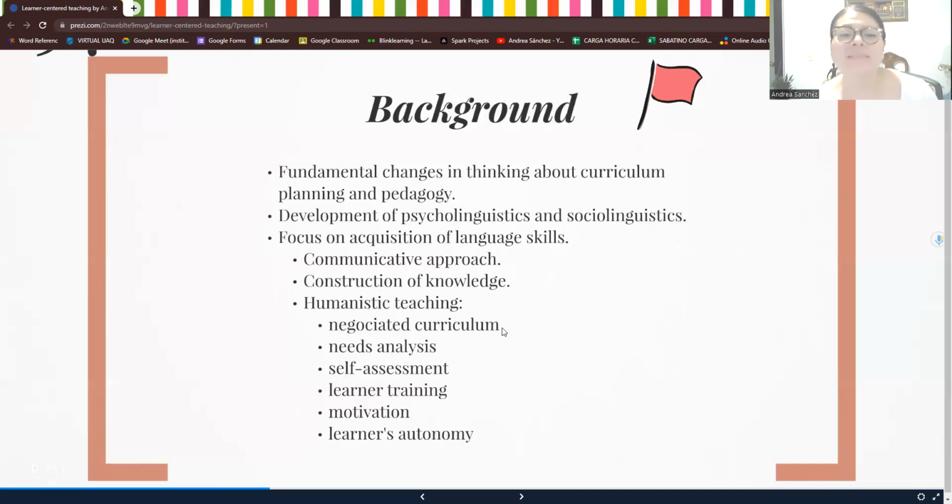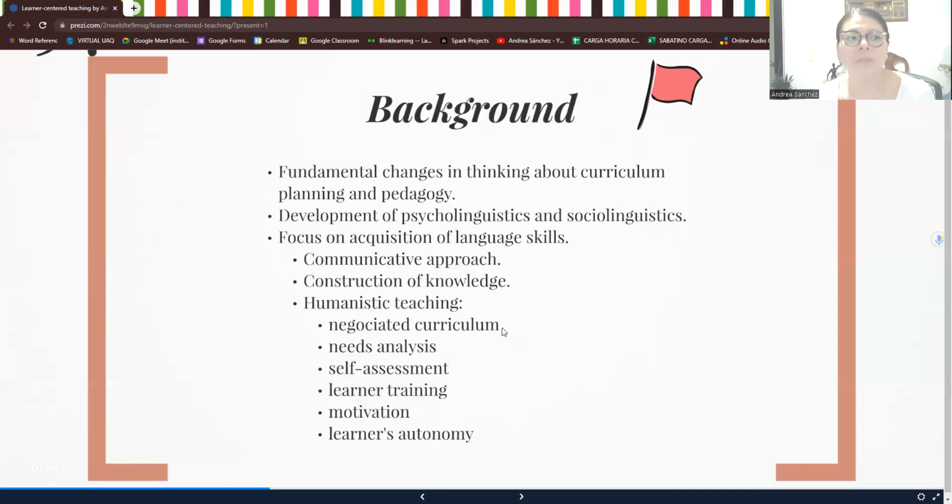The needs analysis: every time we start a new class with a new group, in the first couple of classes, we sit with our students and we make a needs analysis. A needs analysis is also a concept that is very famous in the business degree, in the business areas, which basically, through an analysis, I write down everything that my clients or my students need.